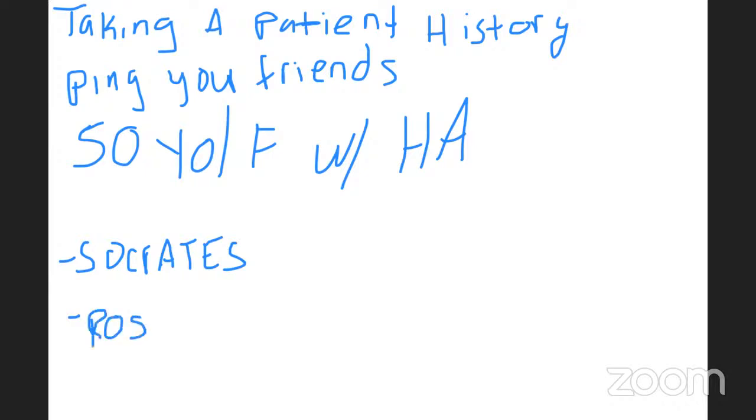Anything else, guys? Posture dependent, so if it's worse lying down or better standing up. These are all very great points.